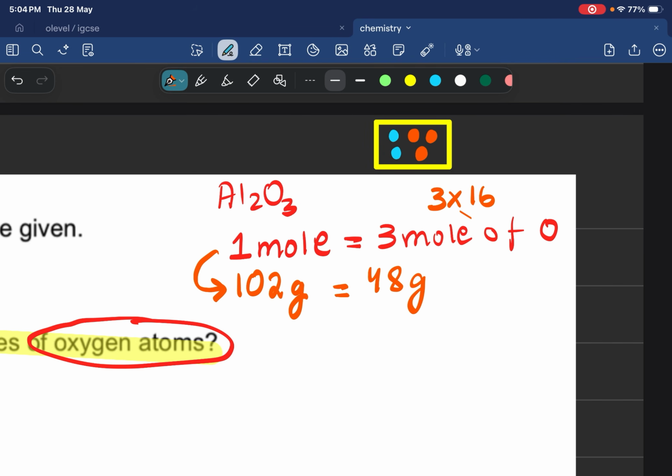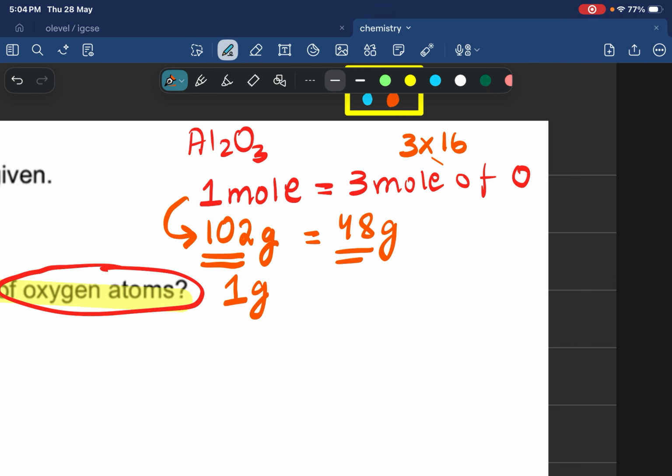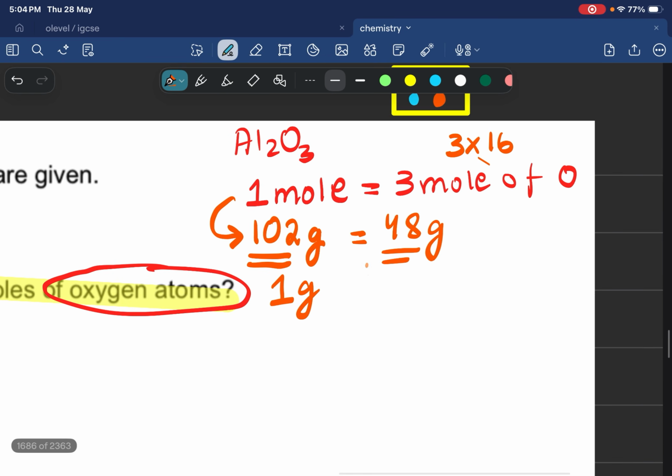Now, this much mass contains this much mass of oxygen. So if we have 1 gram of Al2O3, we have X grams of oxygen. What does X come out to be? I'm going to repeat myself. How did I make this? I saw that 102 grams, that means 1 mole of Al2O3, contains this much oxygen, 3 moles of oxygen.